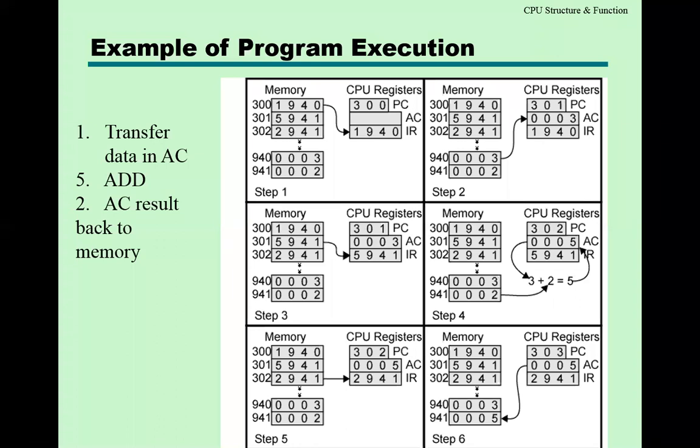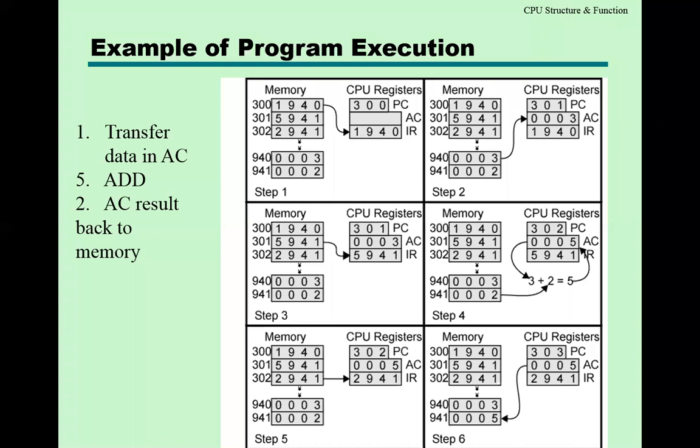What is an operand? Suppose you are doing the addition of A and B, or in C you write C equals A plus B. Then C, A, B, all these three variables are operands. And what is the opcode? Add is the opcode, and A, B, C are the operands. So what is the role of AC? AC holds the value of the operand.